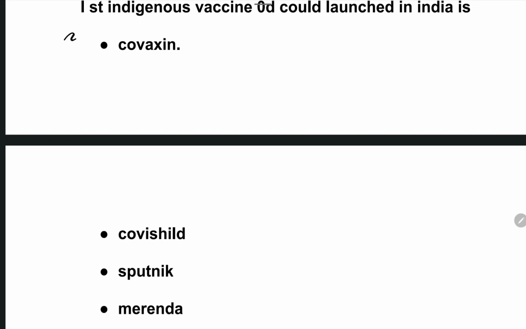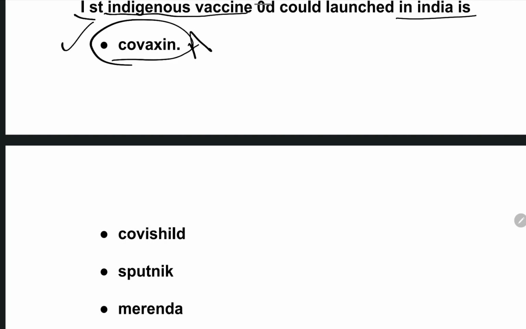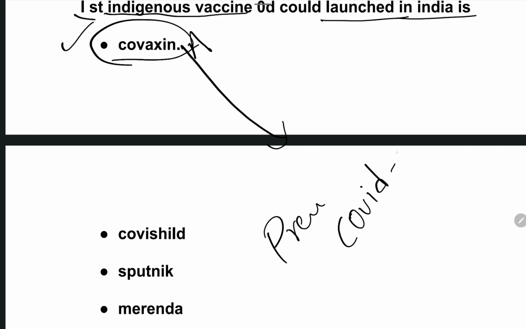The right one is option A, Covaxin. Covaxin is a vaccine which was first generated indigenously in India and launched in India. This vaccine is used to prevent COVID-19.